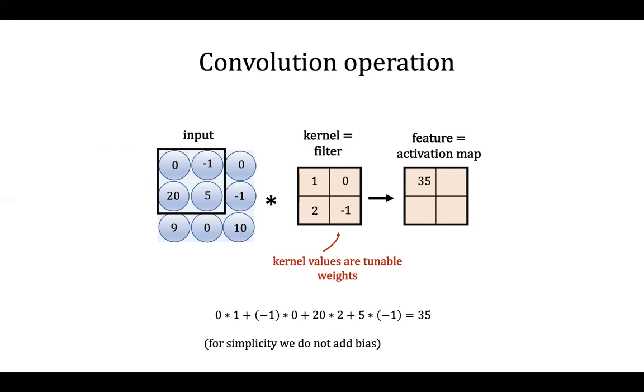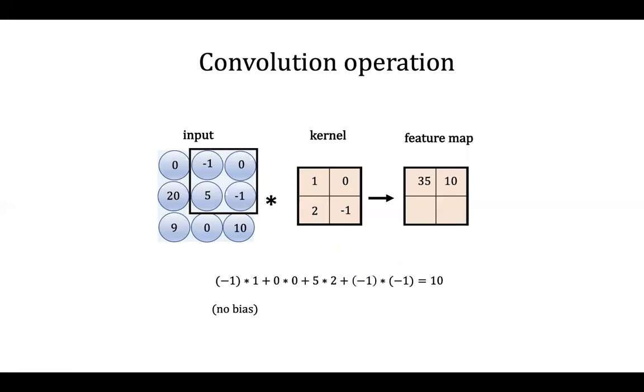For example, we multiply the first value of the input with the first value of the kernel: 0 by 1 plus -1 by 0, plus 20 by 2, plus 5 by -1, and the result is 35. So this is the first value of our output map. This map is called a feature map, or also activation map.